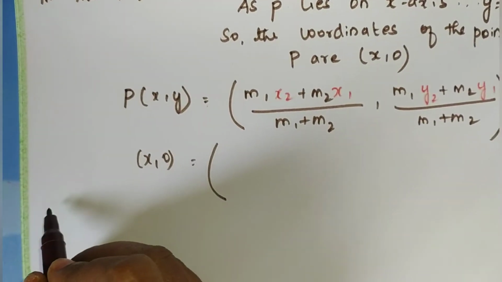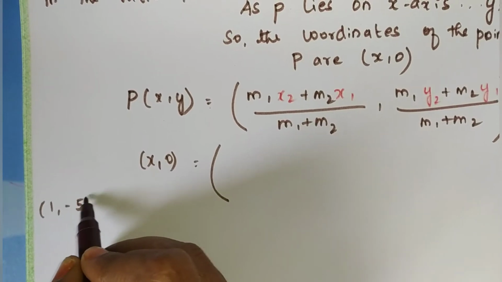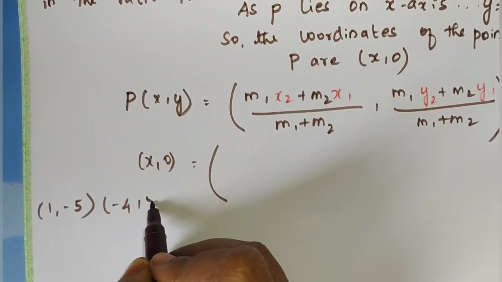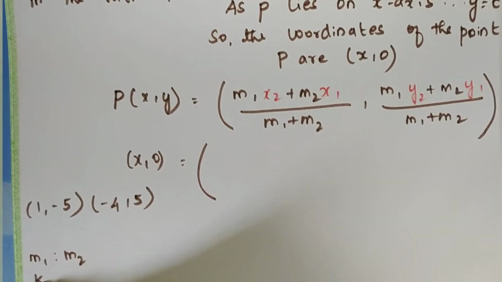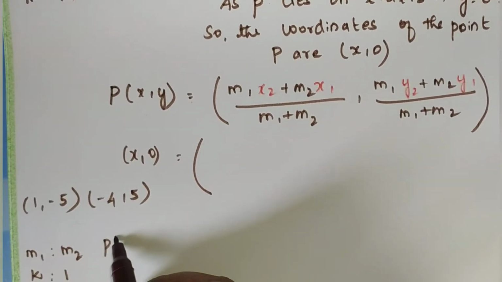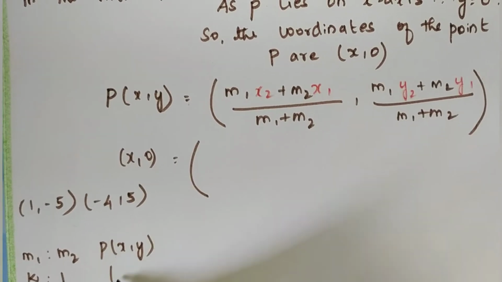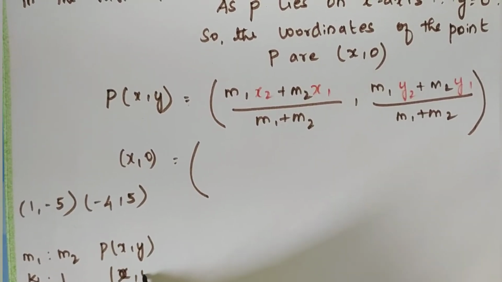The points are (1, -5) and (-4, 5). m1 is to m2 is k is to 1, and the point P of (x, y) is (x, 0).